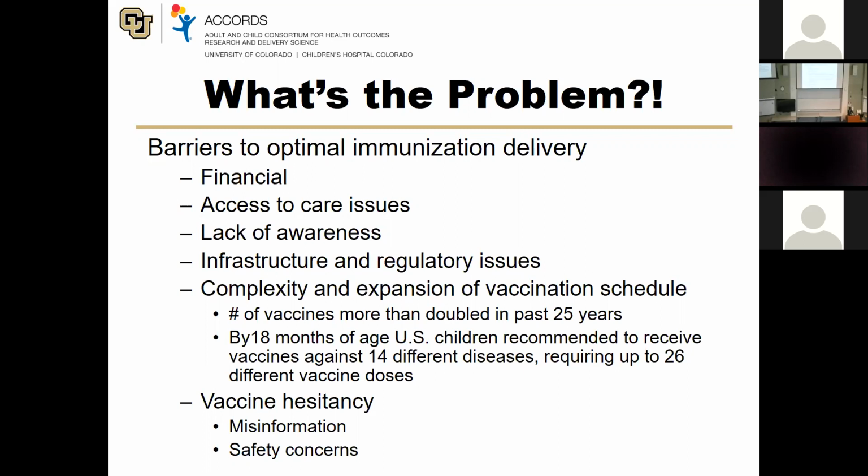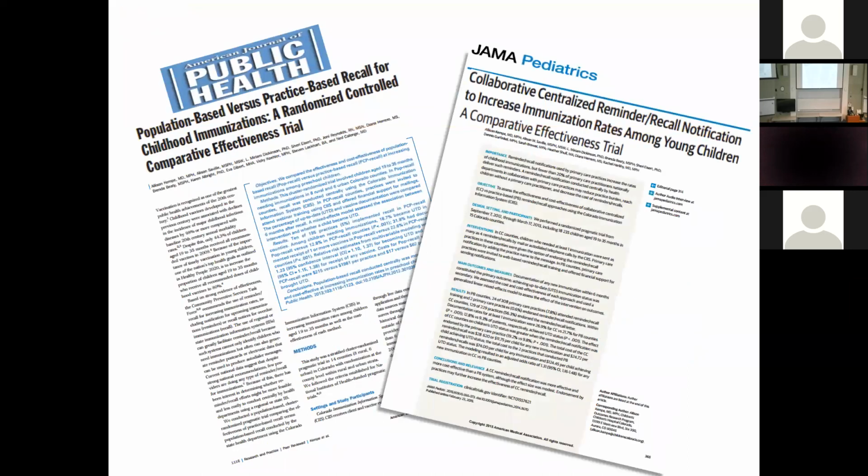And it certainly helps with the issue of complexity and expansion of the vaccine series, because it's very difficult for parents to keep track of when they need vaccines. So one approach I'm going to discuss, and this was the subject of several different trials, are a comparison of two different approaches to increase immunization rates on a population level.